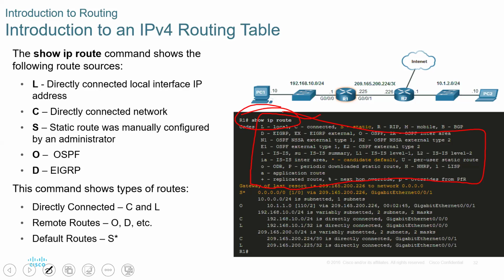When you see an L, it means it's a directly connected local interface IP address. See, that means this interface is directly connected, 192.168.10.1.